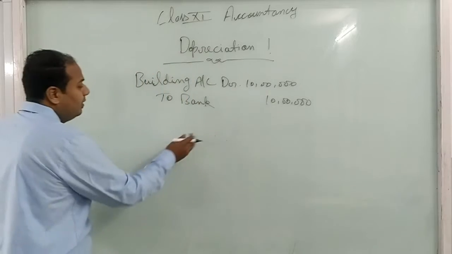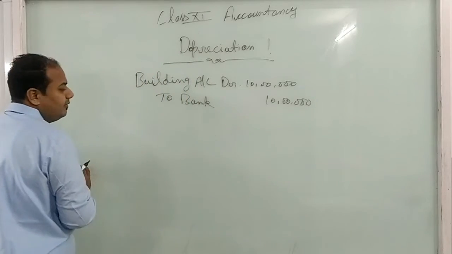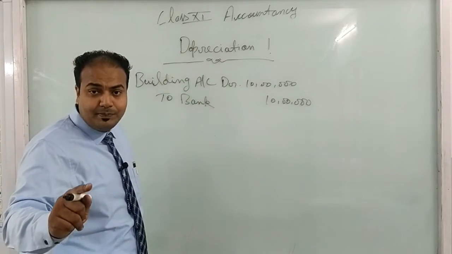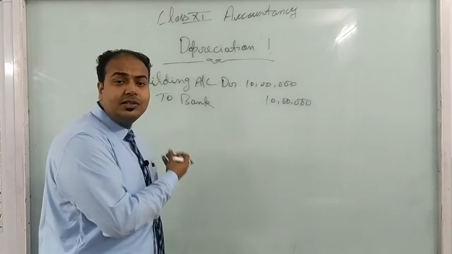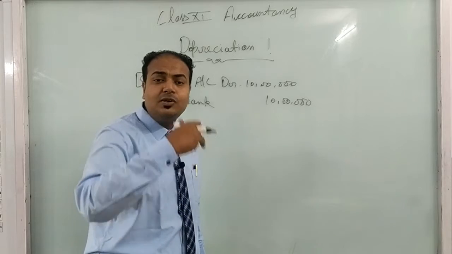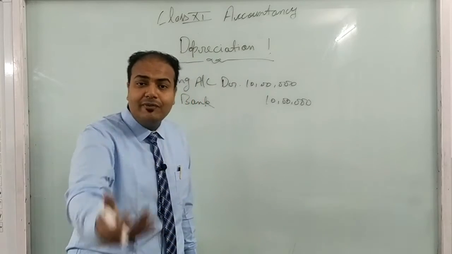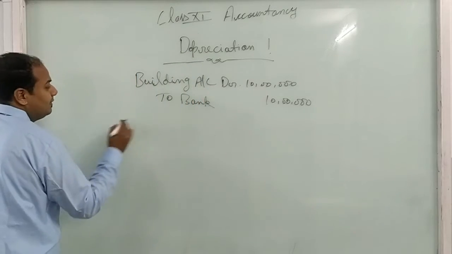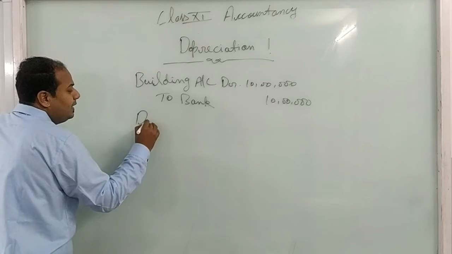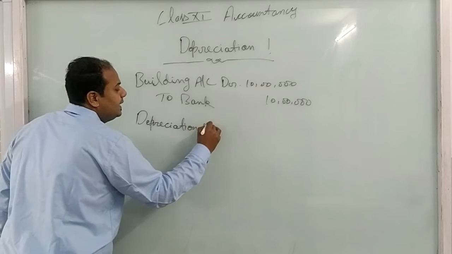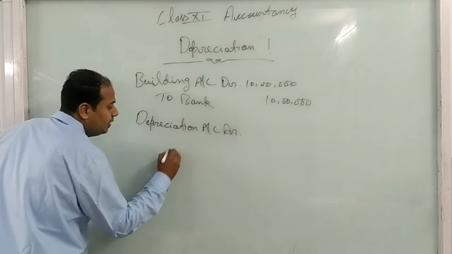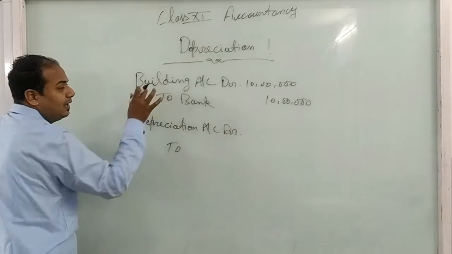Okay, now entry for charging depreciation will be, depreciation is an expense. Okay, it is an expense. Why? Because you are transferring your capital nature expenditure to the profit and loss in a revenue format, so it is an expense itself. So the entry will be depreciation account debit to building.